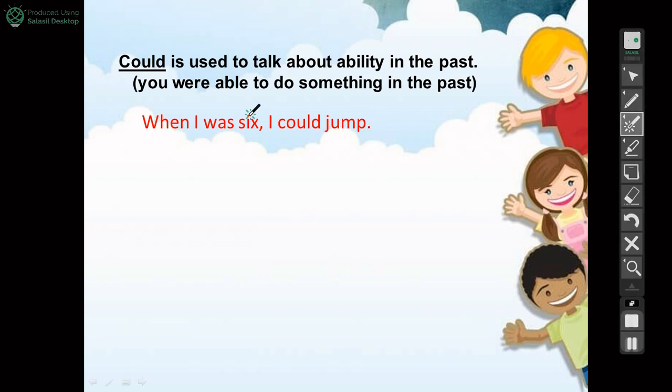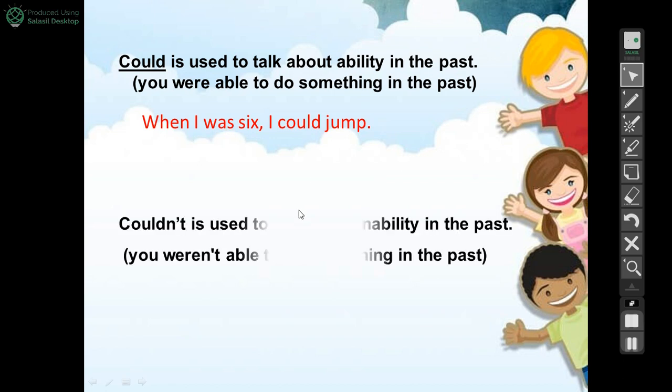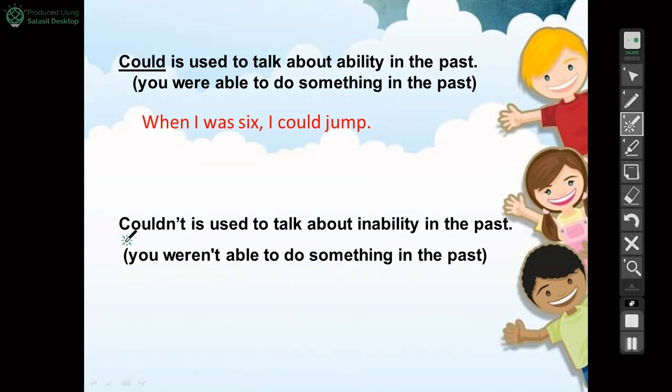When I was 6, I could jump. Okay? Here, couldn't. Couldn't is used to talk about inability in the past. You weren't able to do something in the past. Here, we use couldn't, which means لم يستطع.